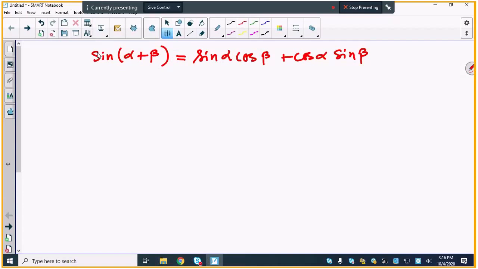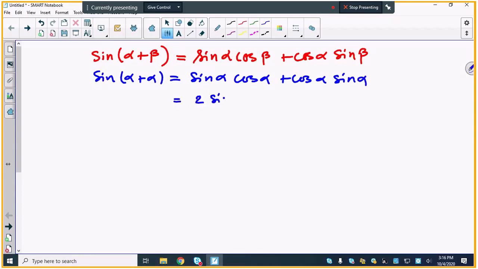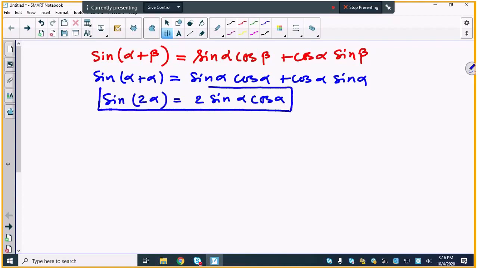Then I can rewrite the same formula as sine of alpha plus alpha, which is sine of alpha cosine of alpha plus cosine of alpha sine of alpha. And I see that these are the same quantities twice, so I simply call it 2 sine alpha cosine alpha. And that determines the double angle formula for sine. Sine of 2 alpha is 2 sine of alpha times cosine alpha.